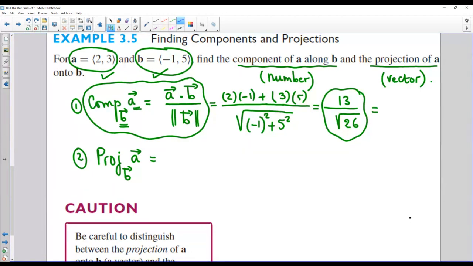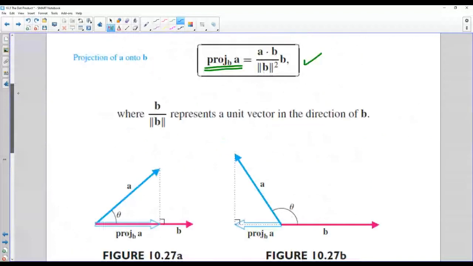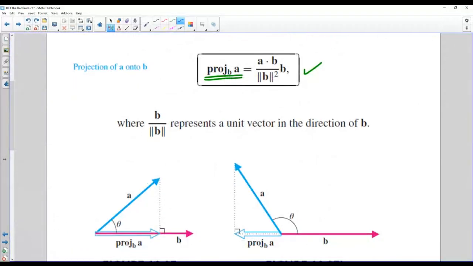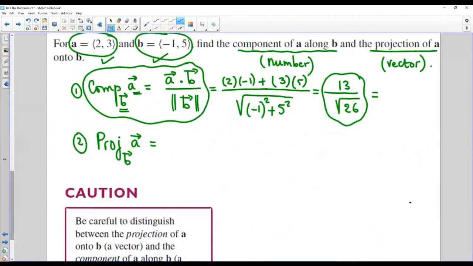All right. Now the projection. Let's have a look at the rule for the projection. It's given here. A dot B over the magnitude of B squared multiplied by the vector B, like this.